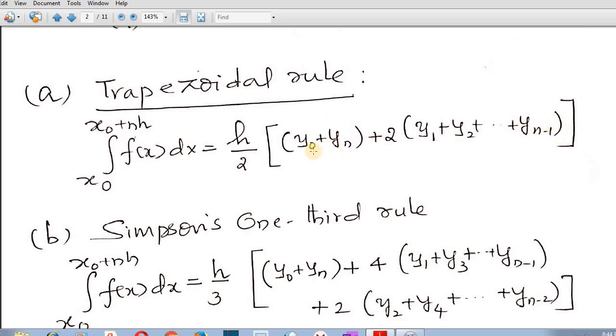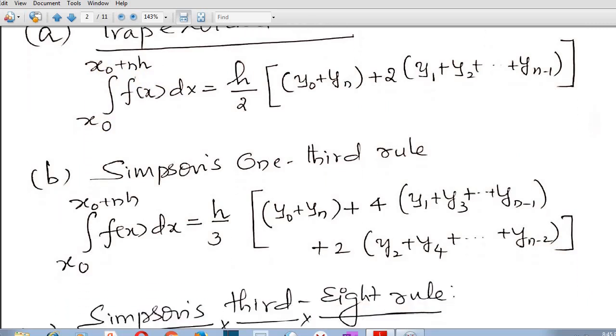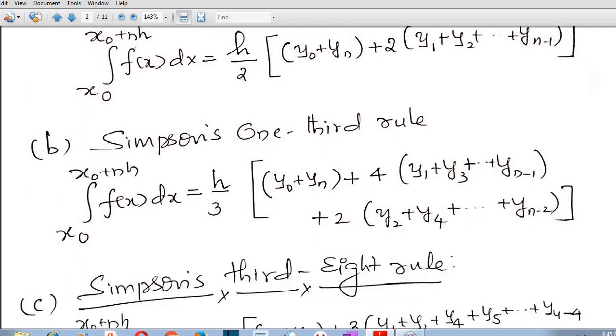The first and last values of the data go in one bracket, and all the remaining values are multiplied by two. This theory was already done in the theory classes, so I am just recalling it.